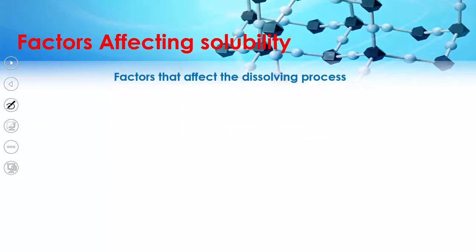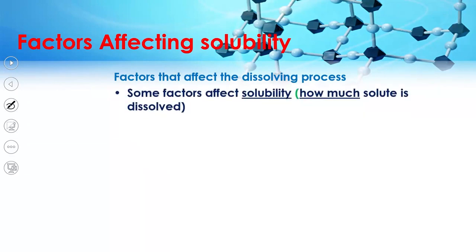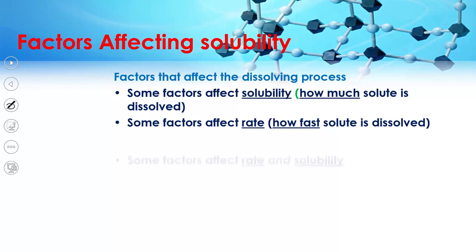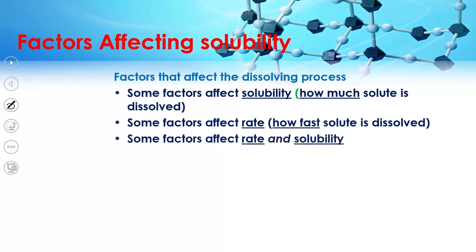Let us see the factors that are affecting the dissolving process. Some factors affect solubility, how much solute is dissolved. Some factors affect the rate, how fast solute is dissolved in the solvent. And some factors affect both the rate and the solubility.